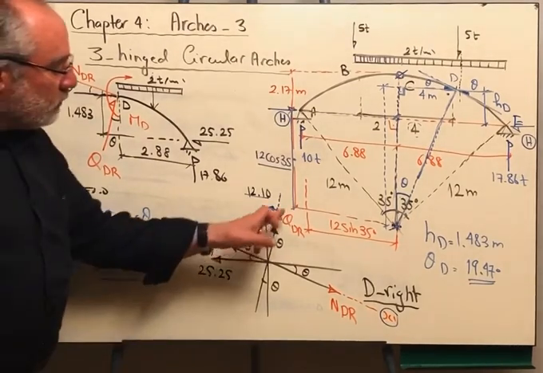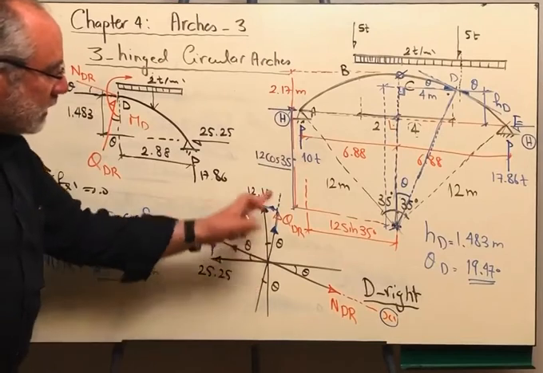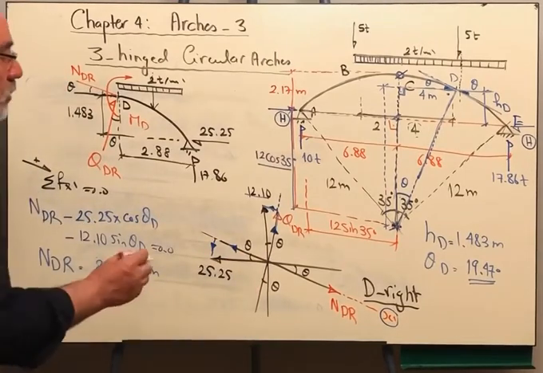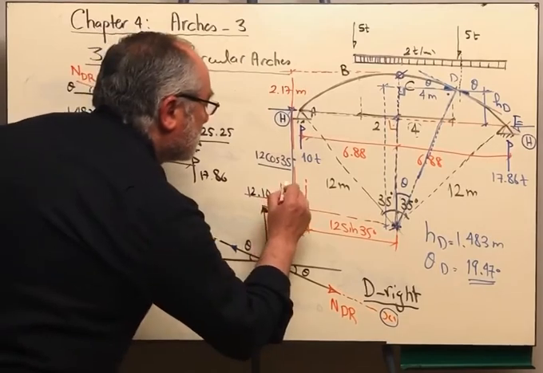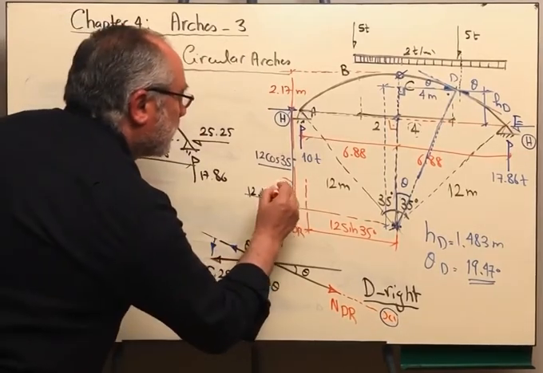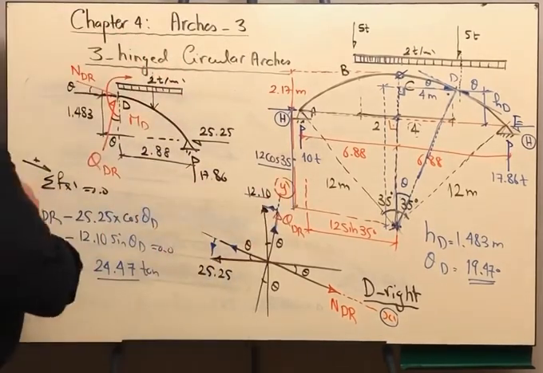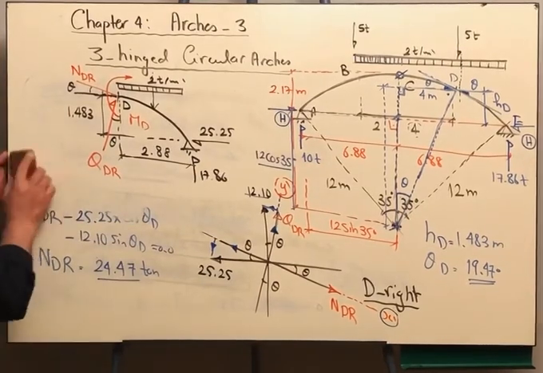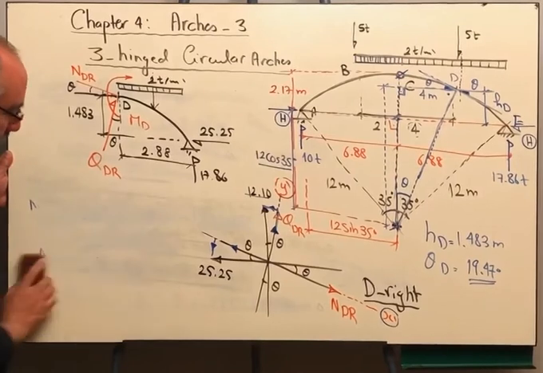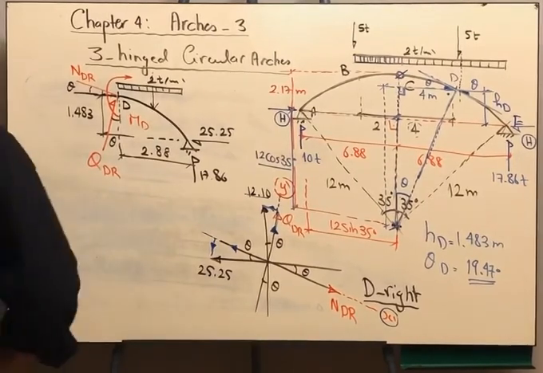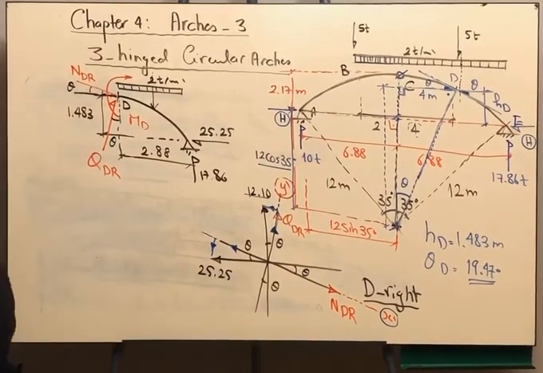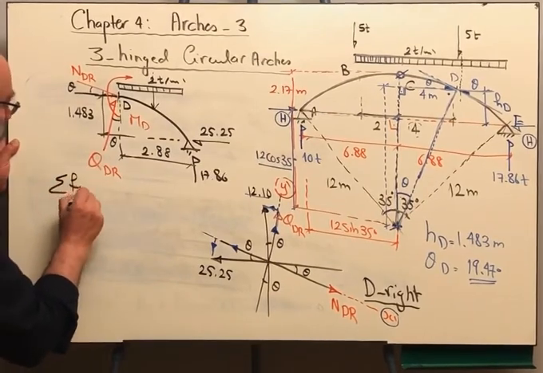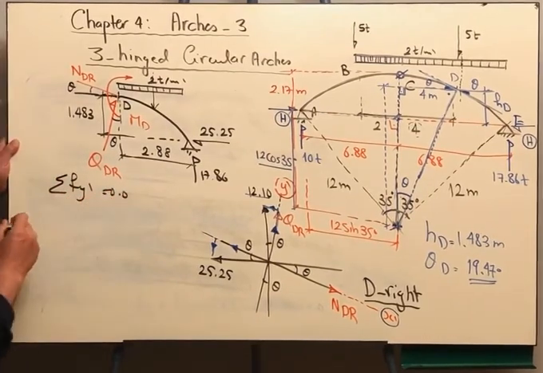Now if I want to get the magnitude of the shear, I am going to sum the forces in the y prime direction, okay, along the shear. So in order to do that, I will have here sigma Fy prime is equal to 0.